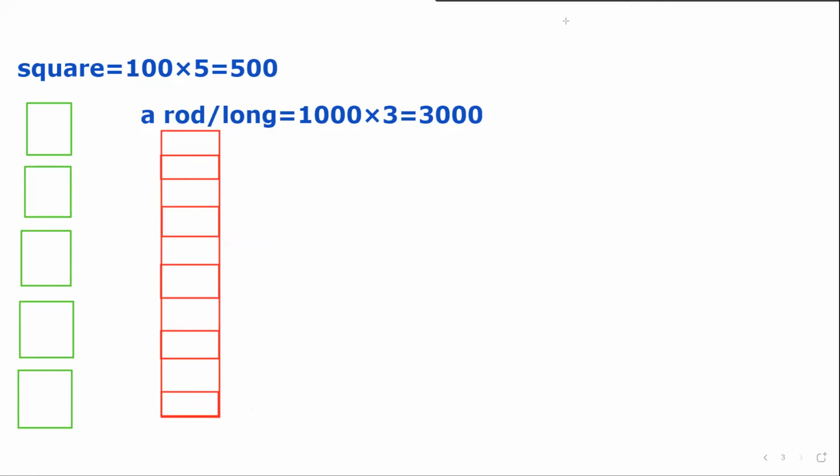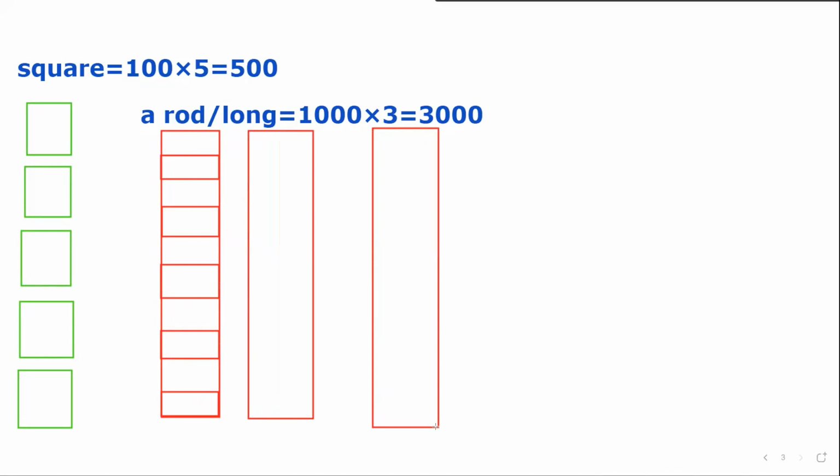Drawing 3. Wait. 1, 2, 3, 4, 5, 6, 7, 8, 9, 10.